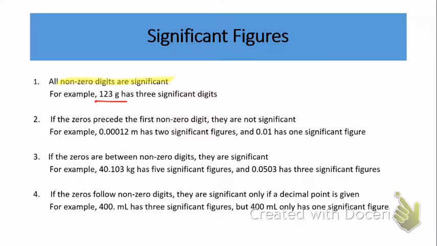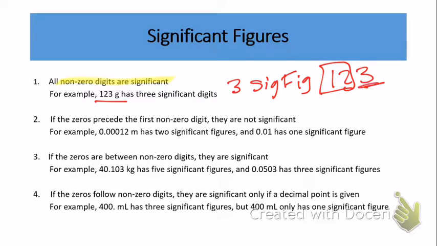All of those are non-zero digits, therefore we can assume that this measurement has 3 sig figs, that they're all significant. However, which one is estimated? If you guessed the 3, you're correct. So in 123, the first 2 digits are certain, and the last digit is estimated for this measurement.